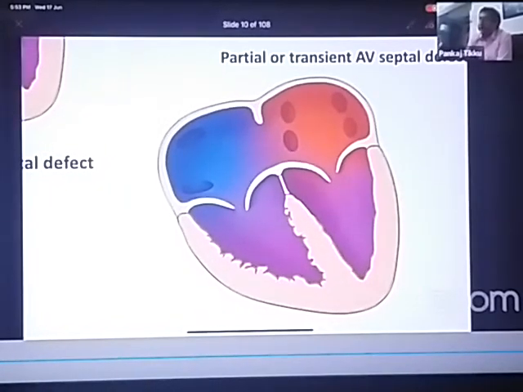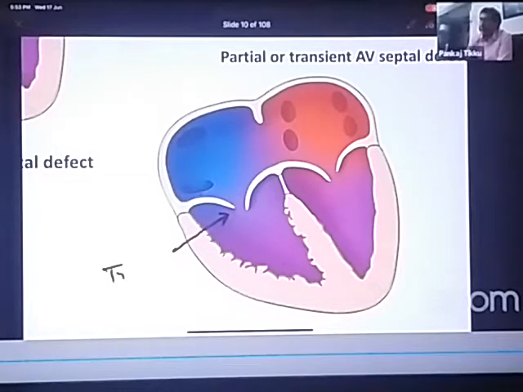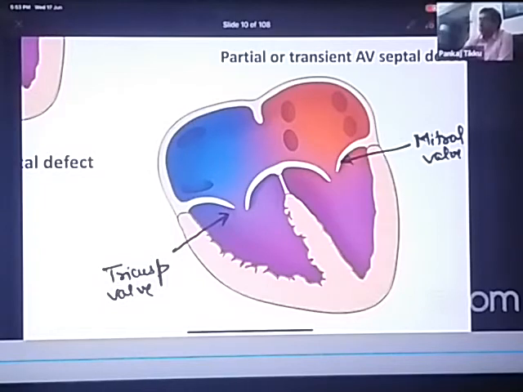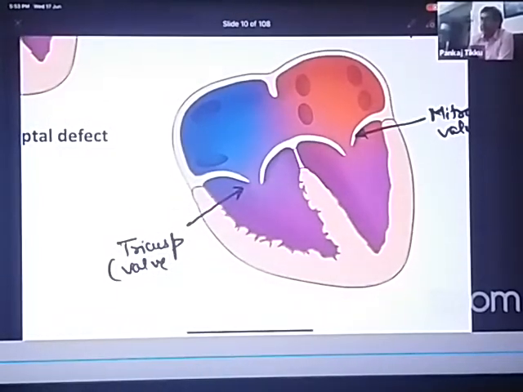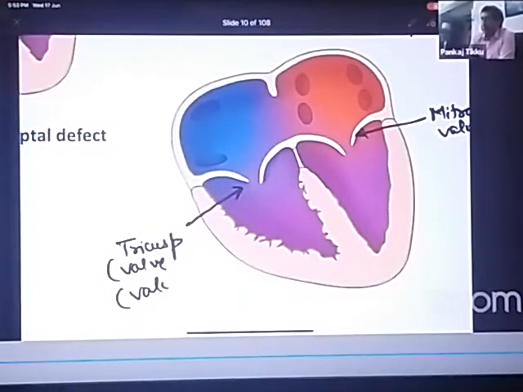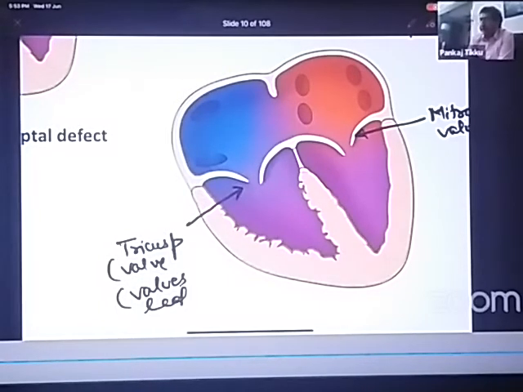So in a partial defect, what is happening is, see here, this is the mitral valve, this is the tricuspid valve, and this is the mitral valve. But even these valves, leaflets are abnormal.